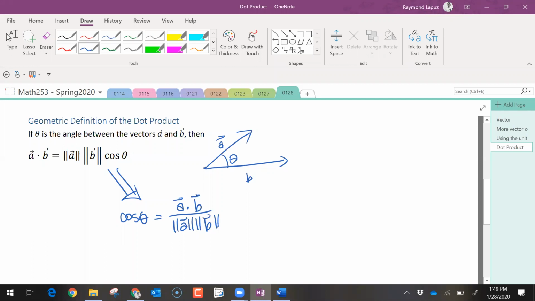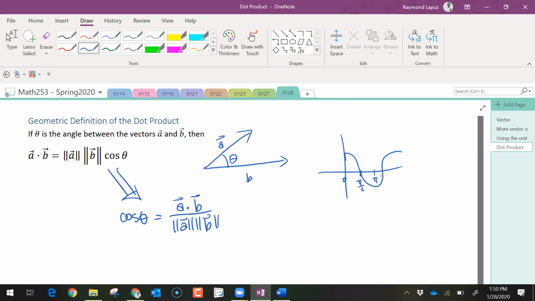Let's talk about the cosine briefly. What are some of the things about the cosine? When is a cosine positive and when is it negative? Quadrant 1 and 4. So from 0 to pi over 2, it's positive.